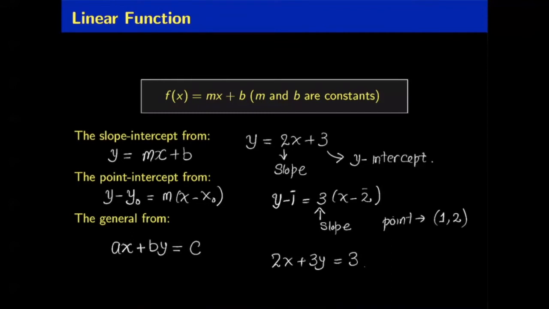In this case, we can't directly compute the slope of the function, but after some simplification you will be able to find the slope, and the slope in this case is minus a over b. The way to find the slope is basically converting the general form into the slope intercept form, and then you can find the slope from there.